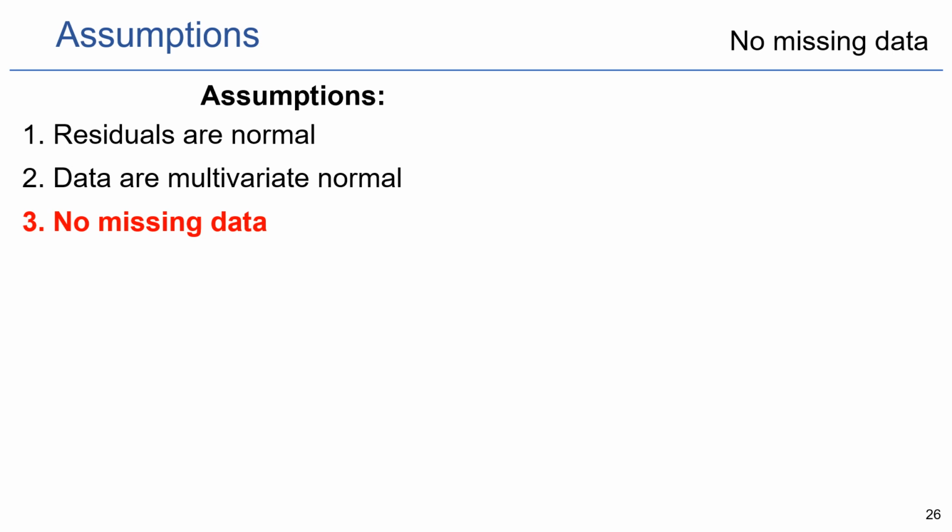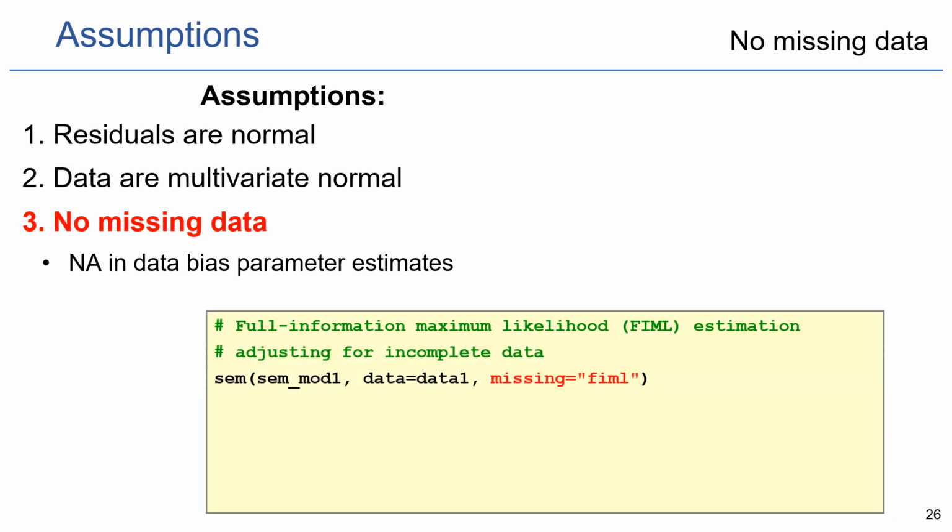In addition to the two major assumptions of covariance-based SEM, we also have other assumptions which also can cause inaccurate estimates of the model parameters. One of such assumptions is that we should not have missing data when lavaan calculates the observed covariance matrix. And if we have such missing data, that might bias the parameter estimates. For this, lavaan has the full maximum likelihood estimator, which can be applied in order to adjust for such incomplete data.